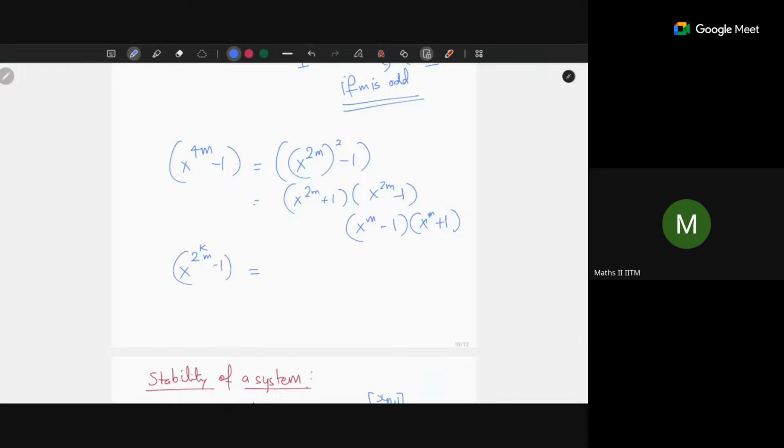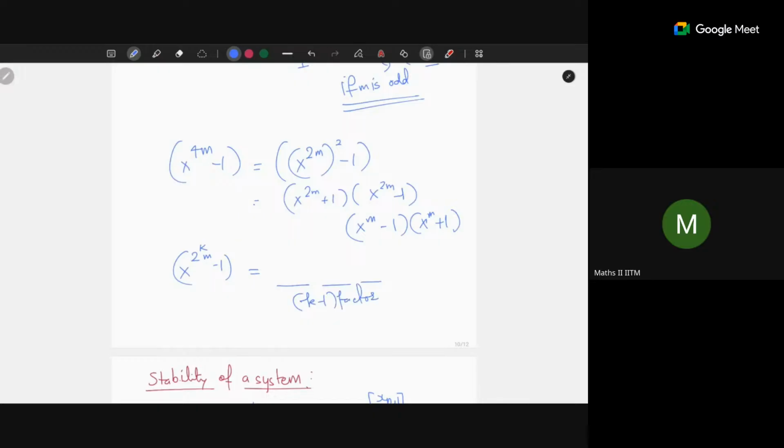You can break this into how many factors? You can break this into one factor and then two factors at the end, so you can always break it into k minus one many factors, right?